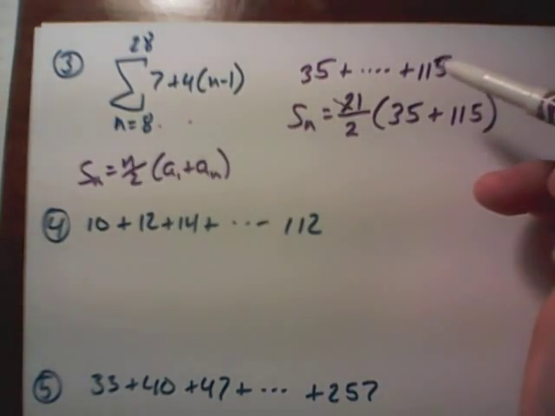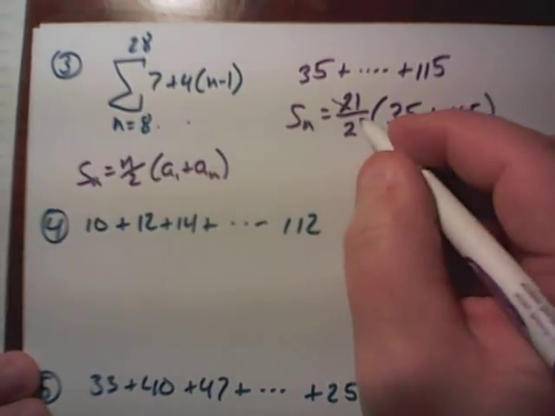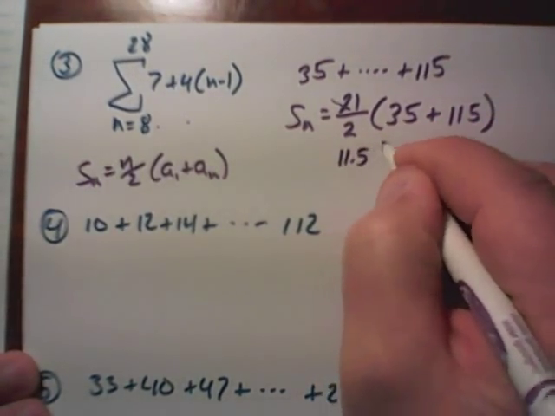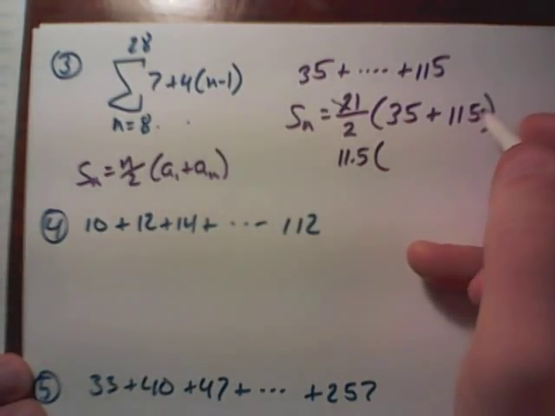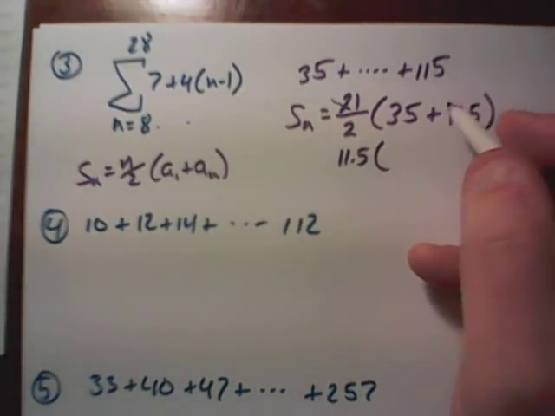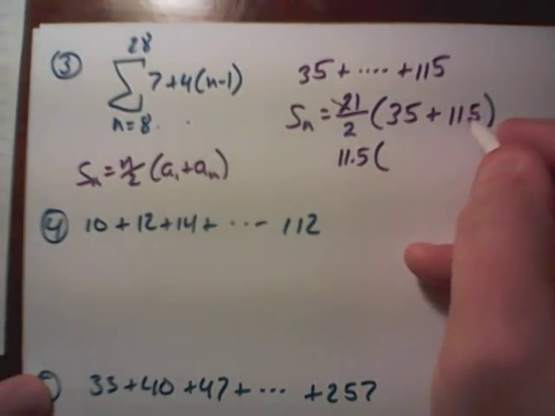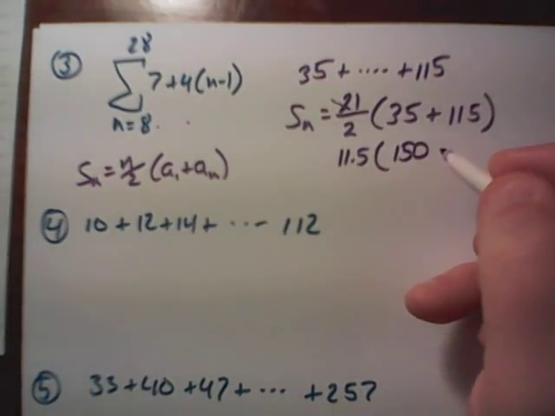So we're going to take 21 divided by 2, which is 10.5, and 35 plus 115, I didn't do this one ahead of time, that would be 150.